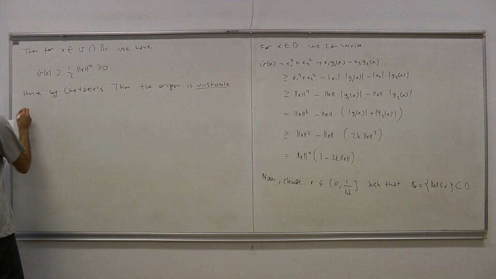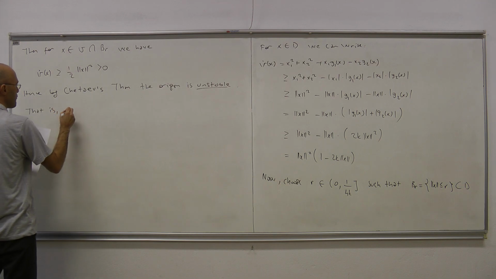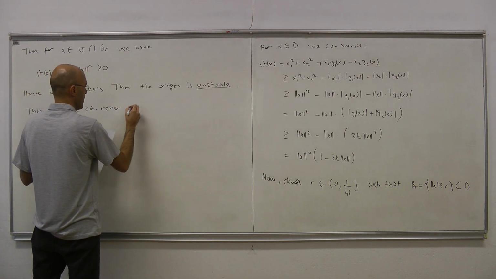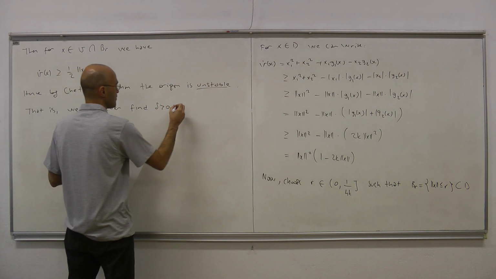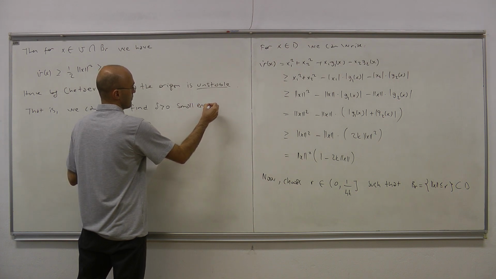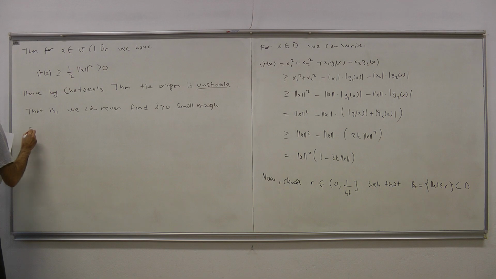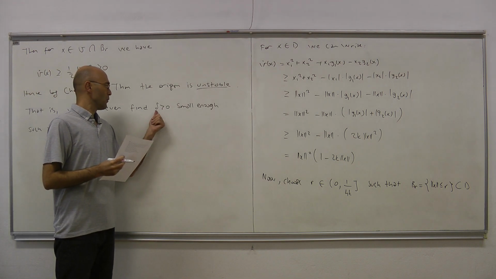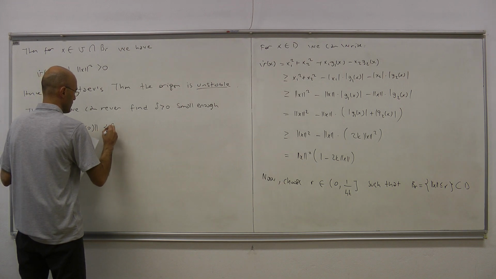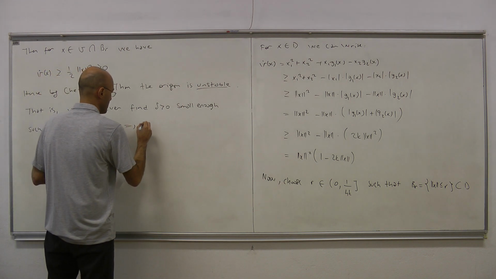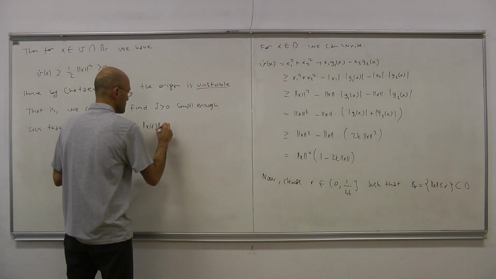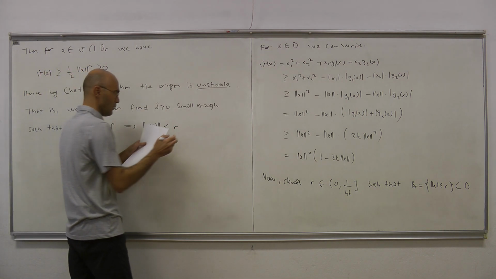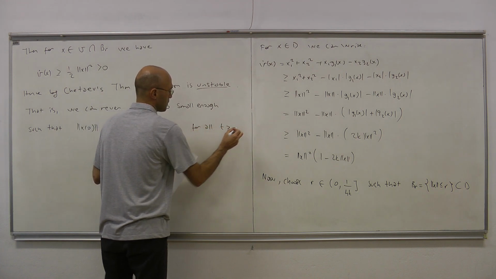That is, we can never find, remembering the definition of stability or instability, a delta small enough such that if we start within delta neighborhood of the origin, we will remain for all times within the epsilon ball, but in this case epsilon is R, for all t greater than or equal to 0.